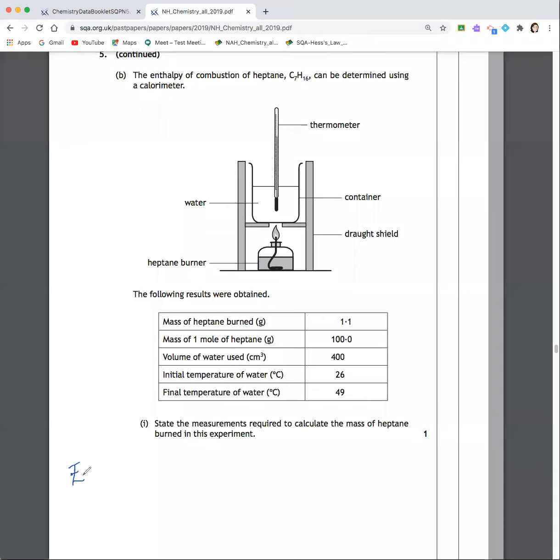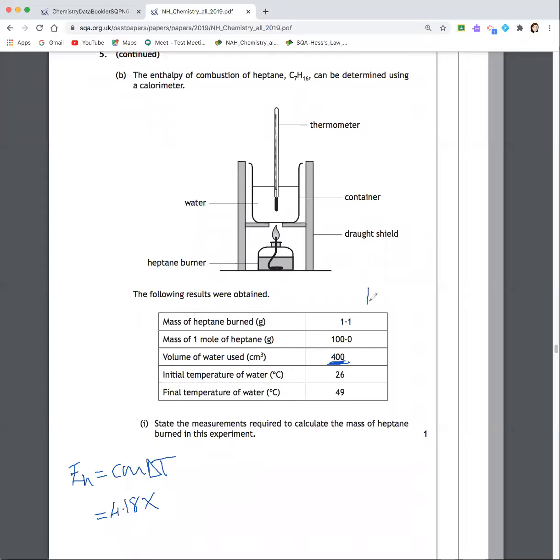So Eh equals c m delta T. And c is always in the data booklet, it's 4.18 kilojoules per kilogram per degree Celsius. Because it's per kilogram, that means your mass of water, which is what m stands for, must also be in kilograms. So you need to divide that by 1,000.